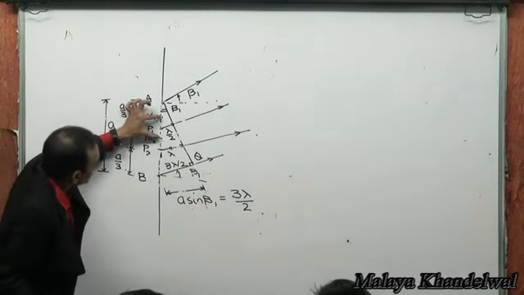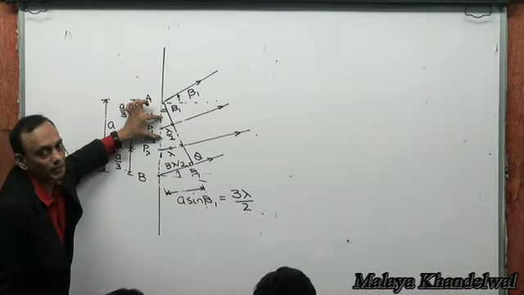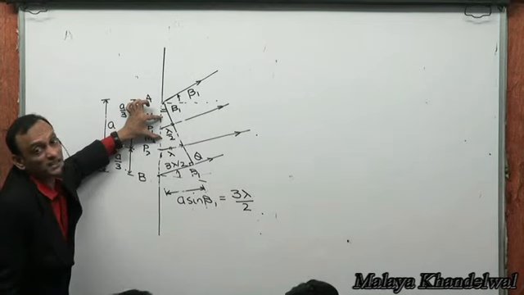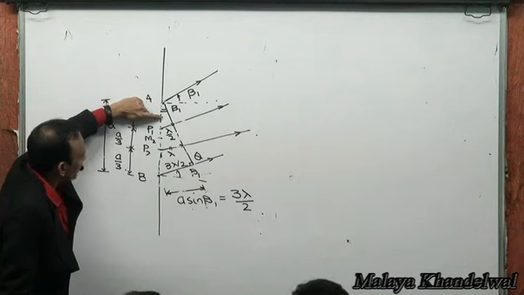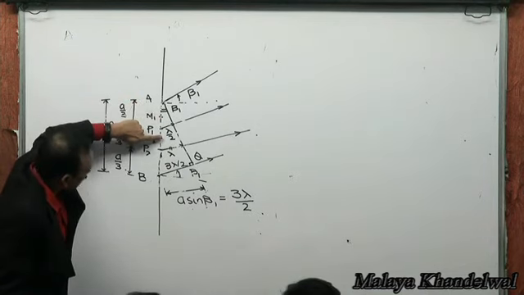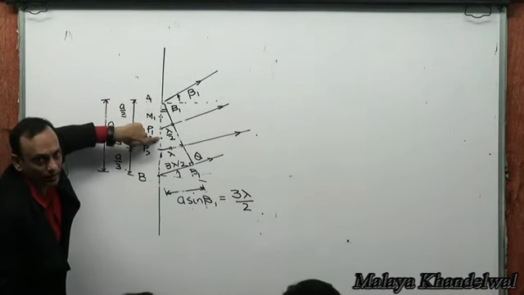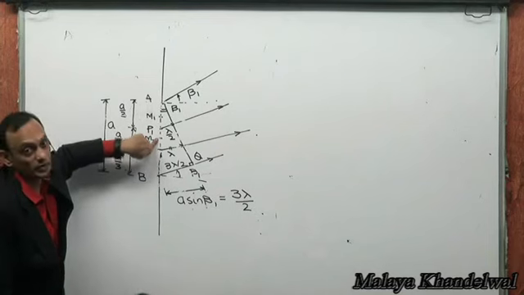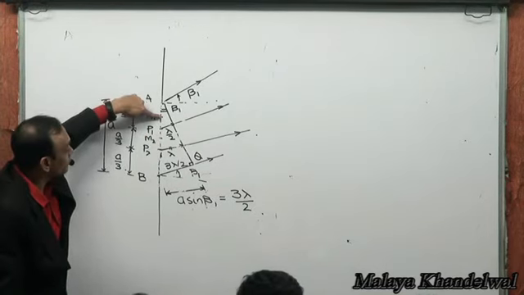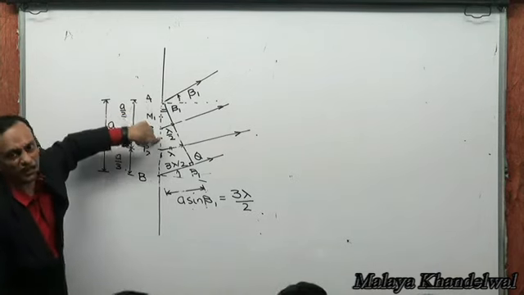See, did I tell you that if you move down by an amount A by 3, the path difference will change by an amount lambda by 2? That means phase difference will change by an amount pi. Right? So if I select any M1 between A and P1 and move down by an amount A by 3, then the path difference will be lambda by 2, phase difference will be pi, and there is a unique corresponding point M2 where there would be complete cancellation.